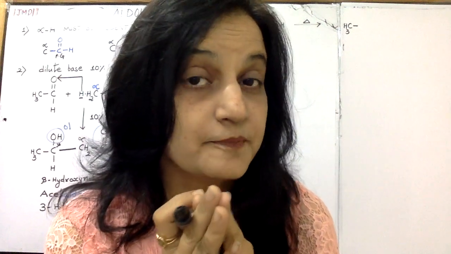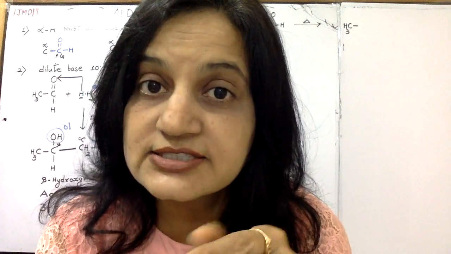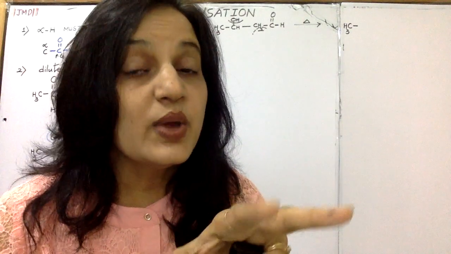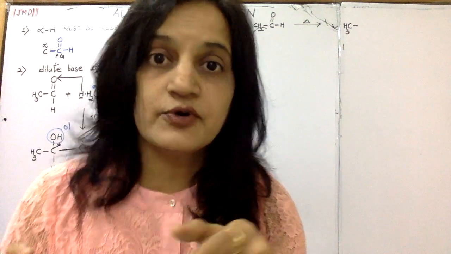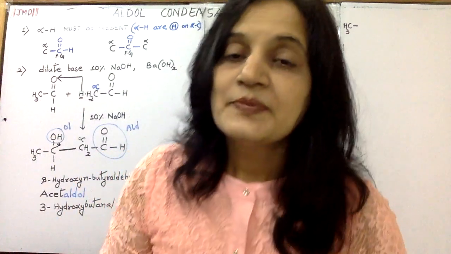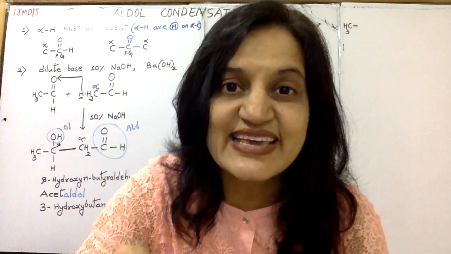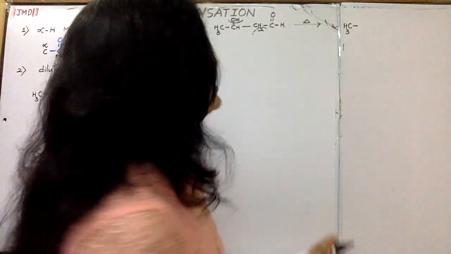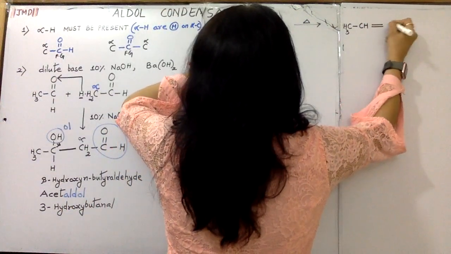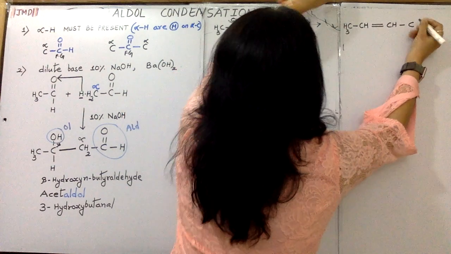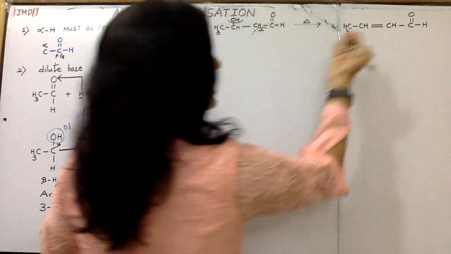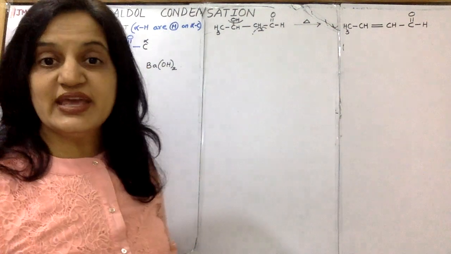In the adjacent carbon, we select the carbon which has less H and not the carbon which has more H, because when the hydrogen is eliminated from the carbon having less H, we are following Saytzeff's rule and the more substituted alkene becomes the major product. So we are getting CH=CH and CHO. That's crotonaldehyde or but-2-enal.